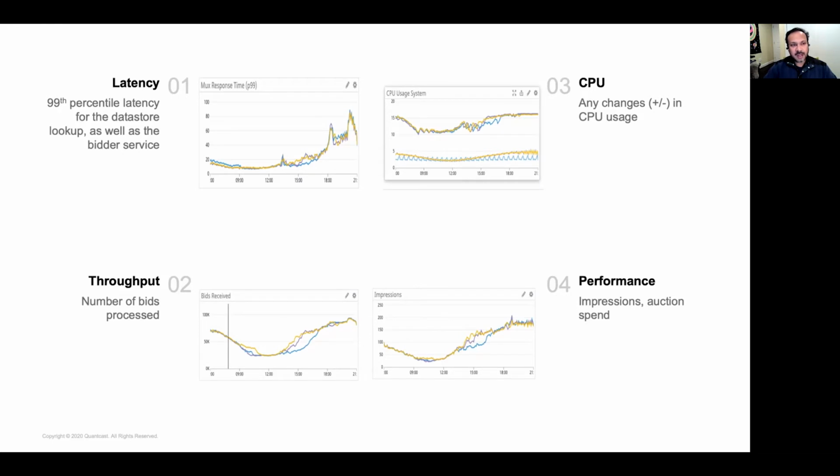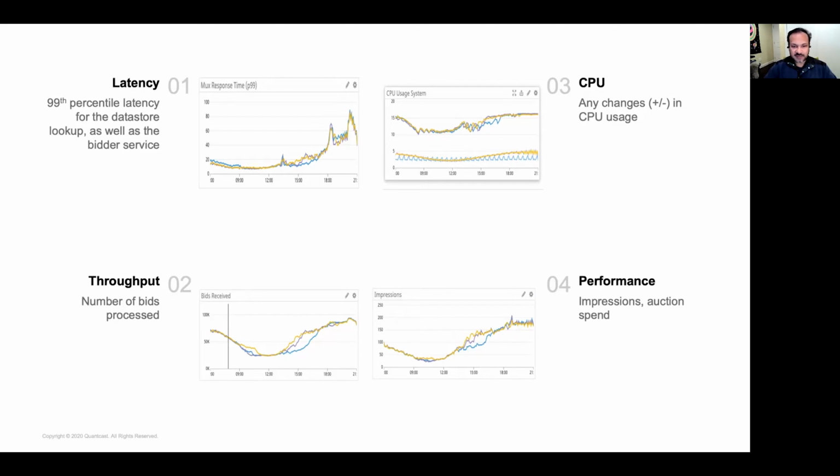We were also looking at the 99th percentile latency of the whole stack. So the idea was that we should not make our threads do more work when we switch to Aerospike. Or when we start using this new library, we should not add more compute load to the existing threads.